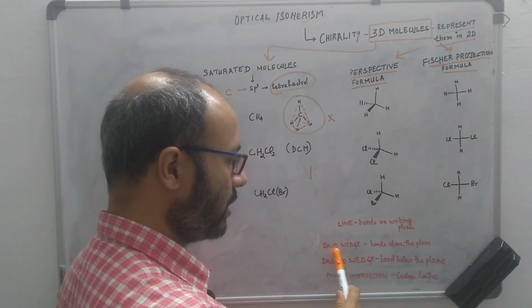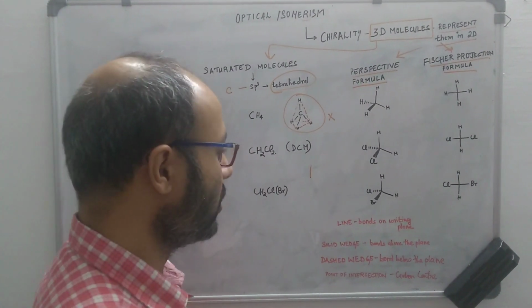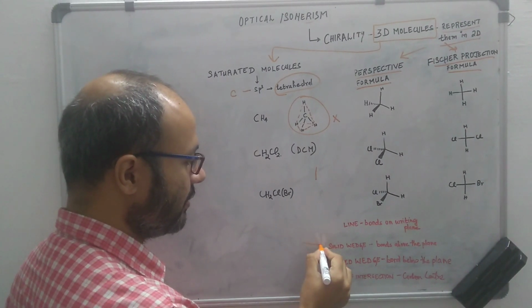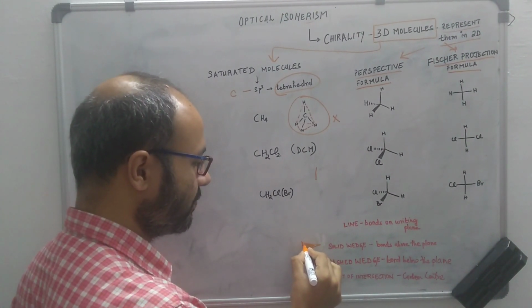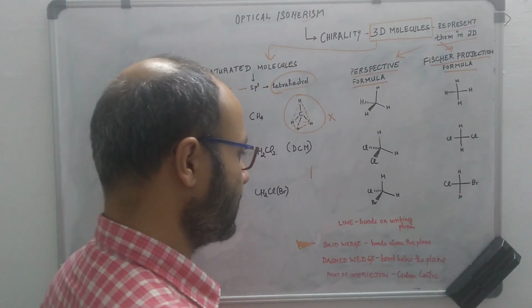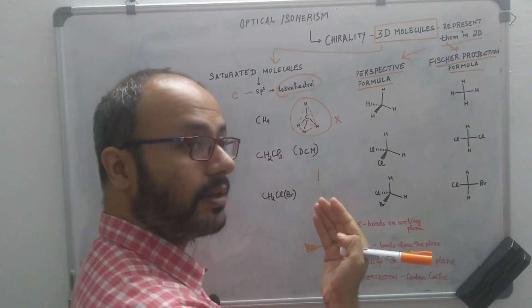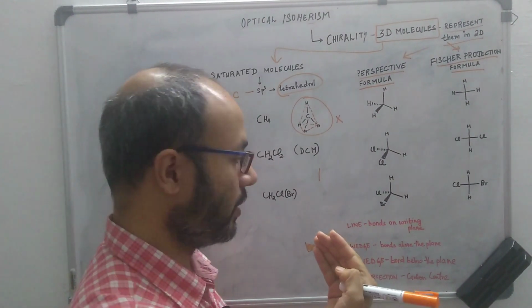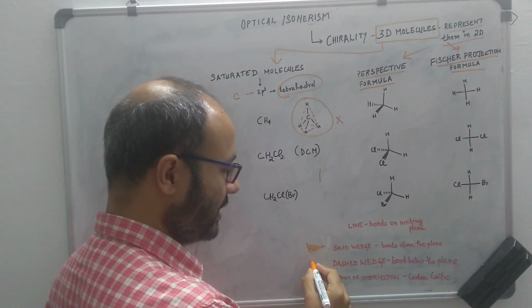Another way of representing a bond is the solid wedge. A solid wedge is drawn something like this, with shading. The solid wedge represents bonds that are above the plane of the board. Then another type of bond is the dash wedge.